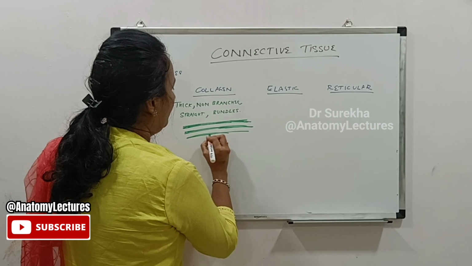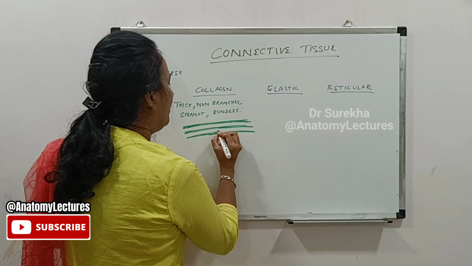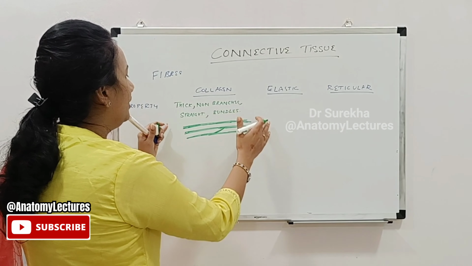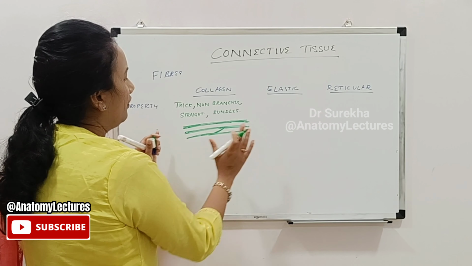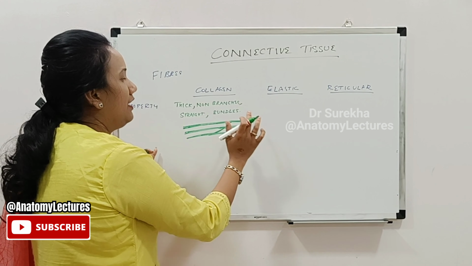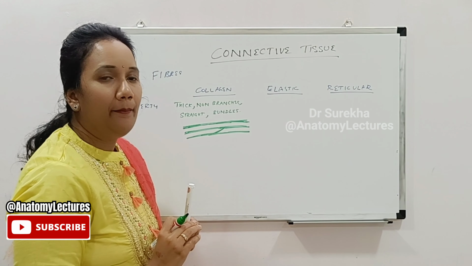These bundles can branch but not the individual fibers. So these are the properties of collagen: they are thick, non-branched, straight and arranged in the form of bundles.